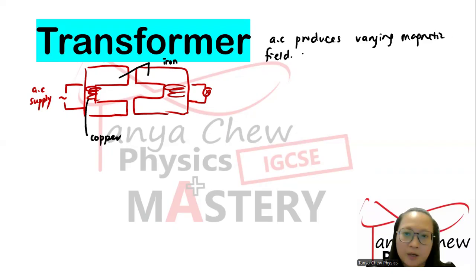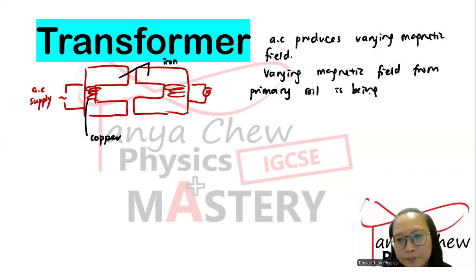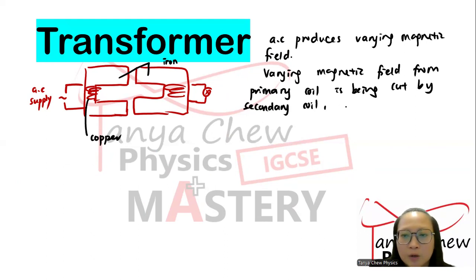Okay? Varying magnetic field from the primary coil is being cut by the secondary coil, which causes a change in magnetic field.